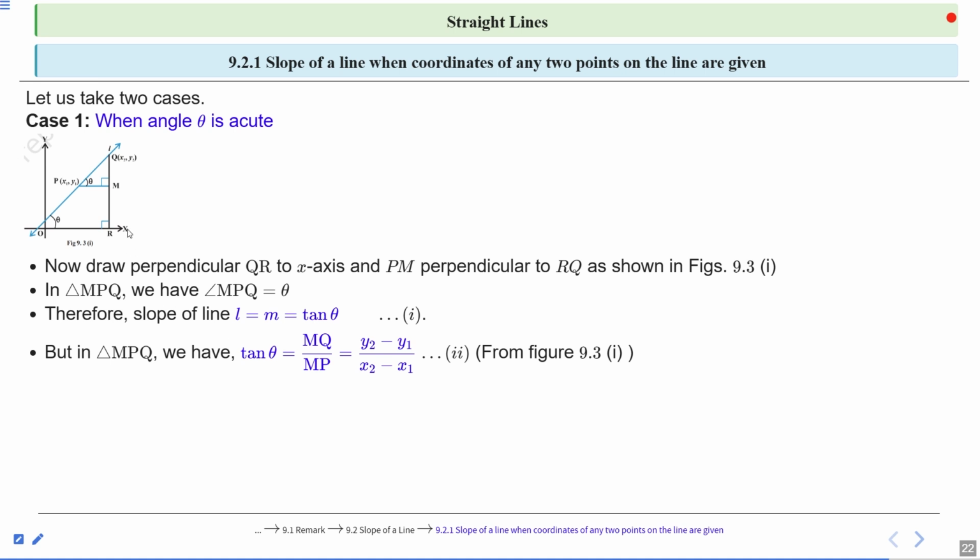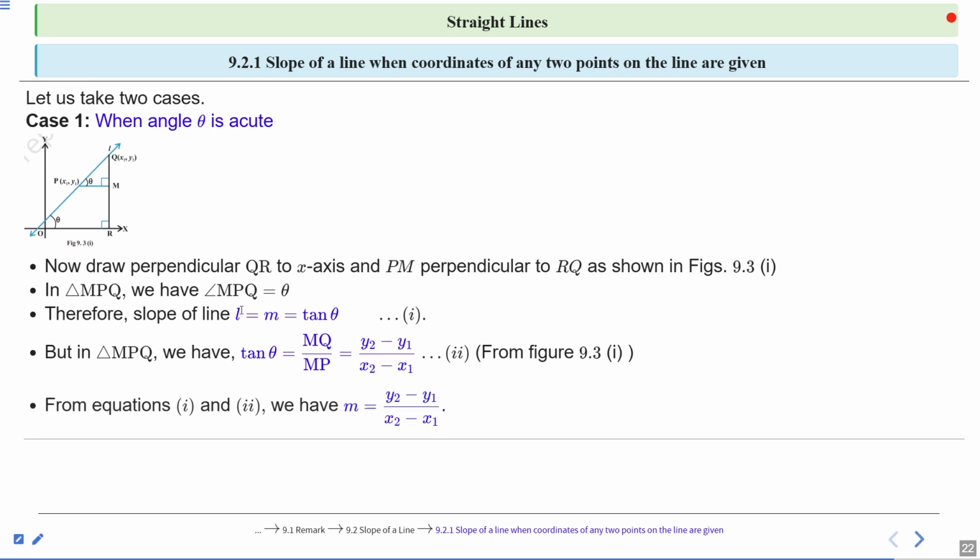But in triangle MPQ, tan theta is perpendicular divided by base, where the perpendicular is MQ and the base is MP. So tan theta is equal to MQ divided by MP. We can find the lengths of MQ and MP: MQ is y2 minus y1 and MP is x2 minus x1. Naming this equation number 2.